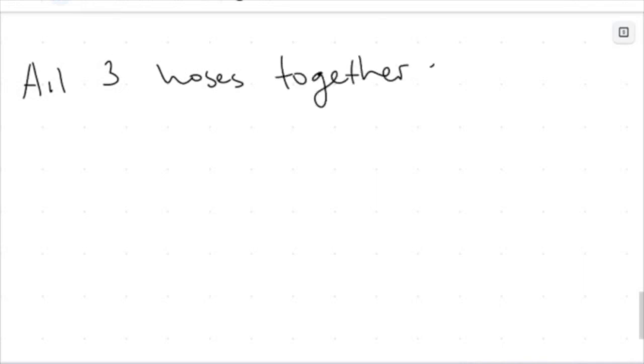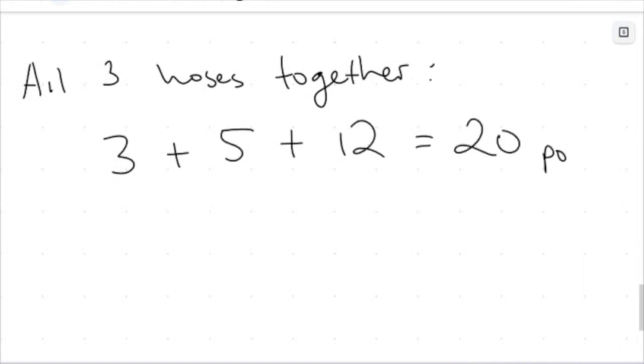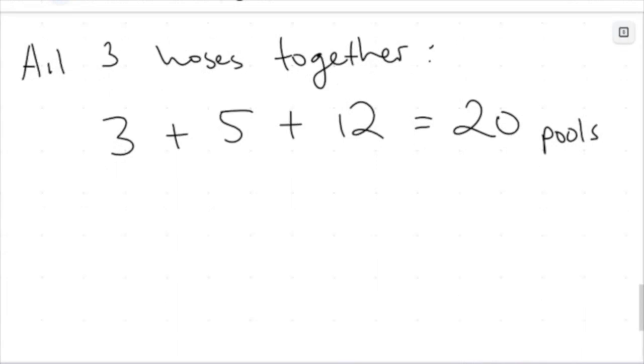And so all 3 hoses together, well, that's going to be 3 pools plus 5 pools plus 12 pools. And that gives me 20 pools filled in 600 hours for all of these altogether.